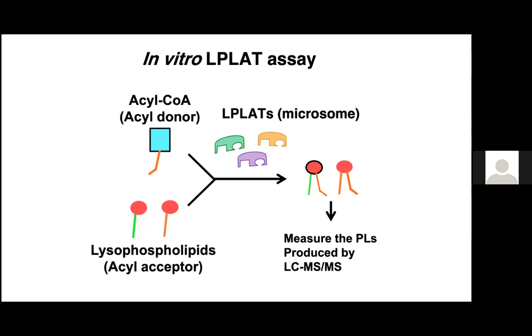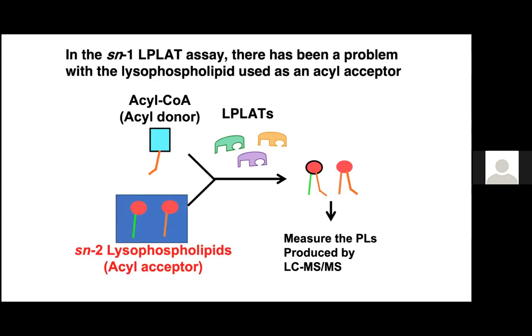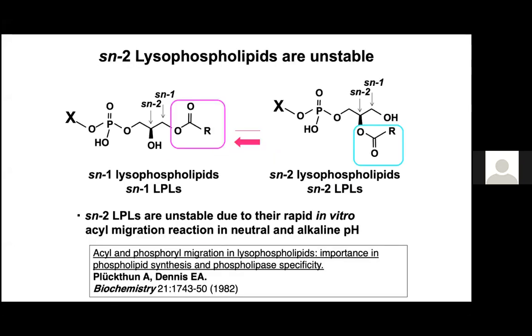In the SN1 LPLAT assay, there has been a problem with the lysophospholipid used as an acceptor. Namely, preparation of SN2 lysophospholipid required for SN1 LPLAT assays has been difficult. In general, SN2 lysophospholipids, which contain a fatty acid at the SN2 position, are known to be very unstable. This instability was discovered by Dr. Ed Dennis nearly 40 years ago.